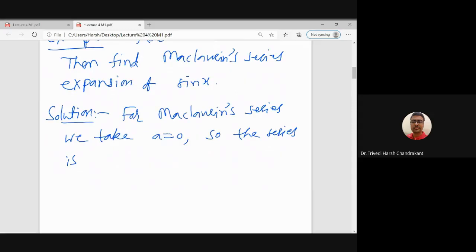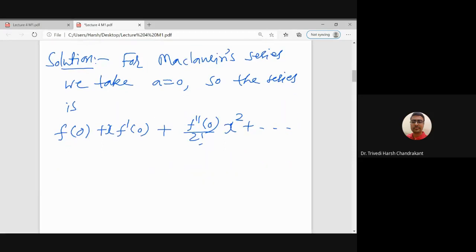So first of all let us write down what the series is. The series is f of 0 plus f dash 0 times x plus f double dash 0 by 2 factorial times x square and so on. We'll write down the first 3-4 terms of the series and then we'll guess the general formula.